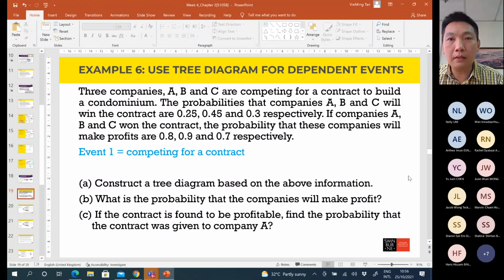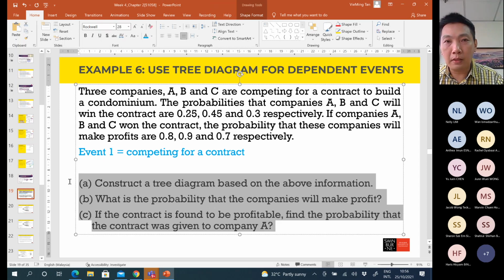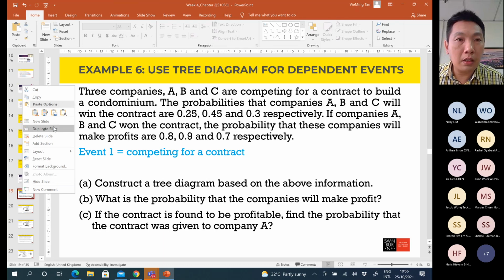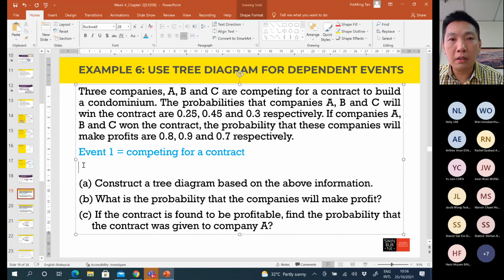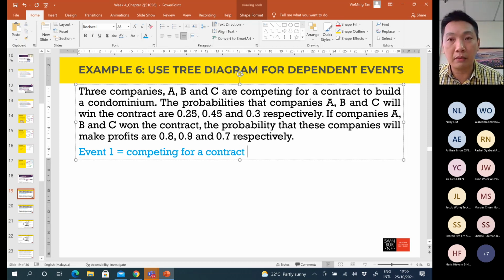Then I can try to also, this one I delete for a while. Maybe I copy this, duplicate the slide. Because we need to understand the meaning of this case study first before we answer the question.